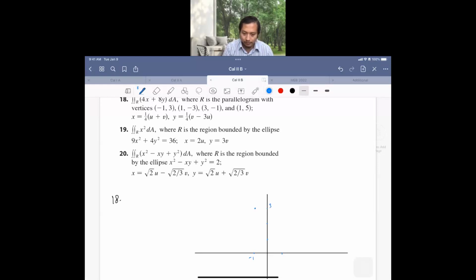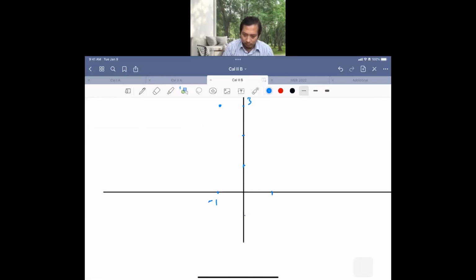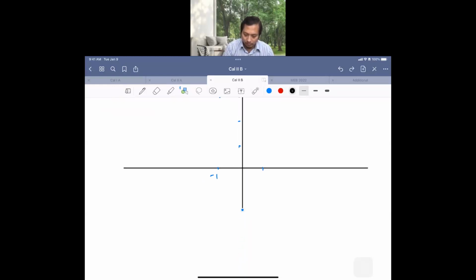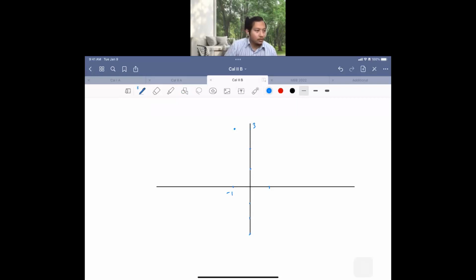So this is one, and then one and negative 3 at the bottom. 1, negative 3, right?